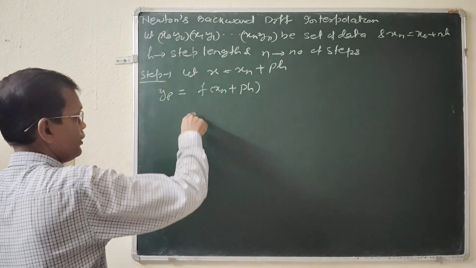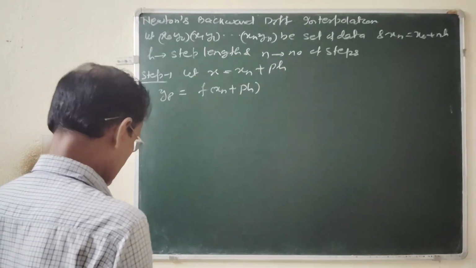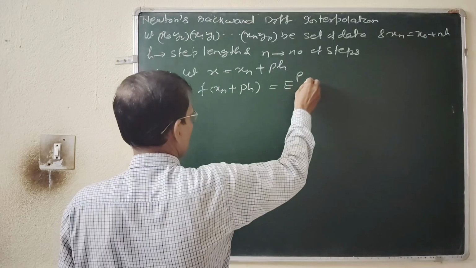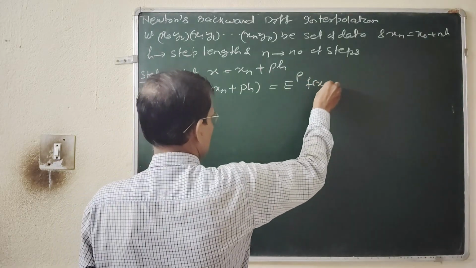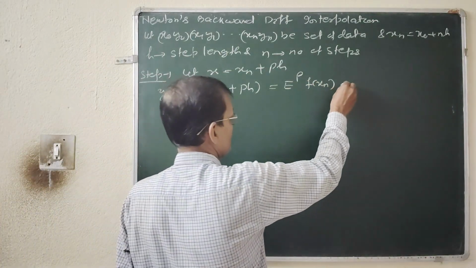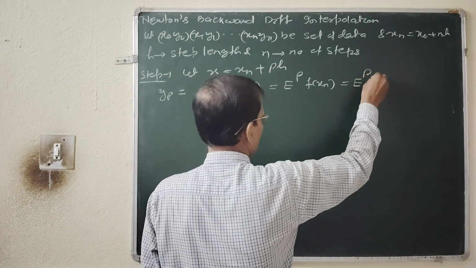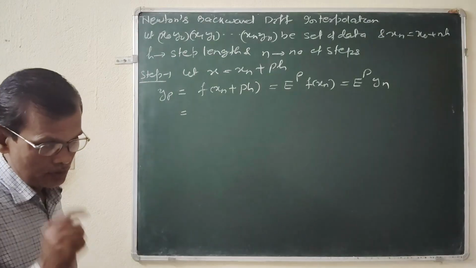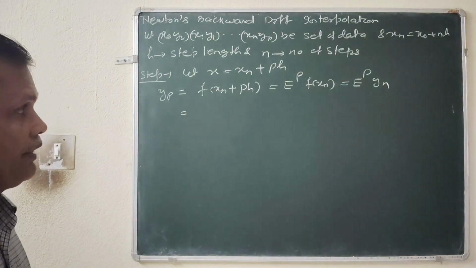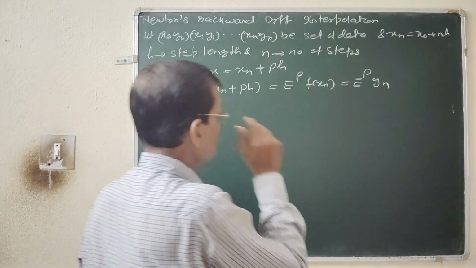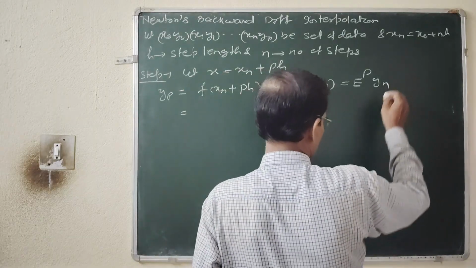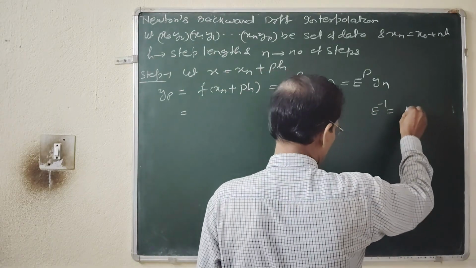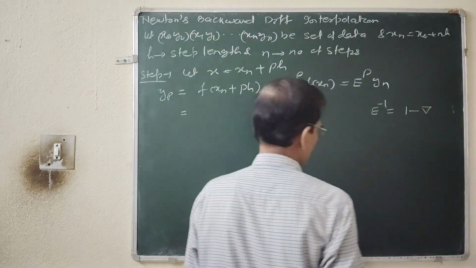But f of xn plus ph can be written using the shift operator, that is e to the power p f of xn, and this f of xn can be rewritten as e to the power p yn. We know the relationship between the backward operator and the shift operator. The relation is e to the power minus 1 is equal to 1 minus backward delta, right?